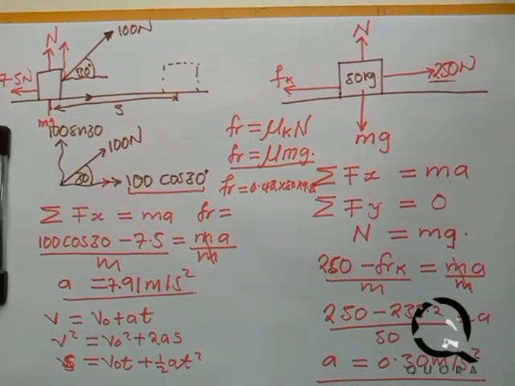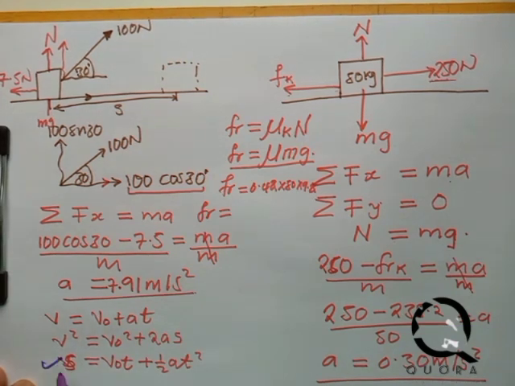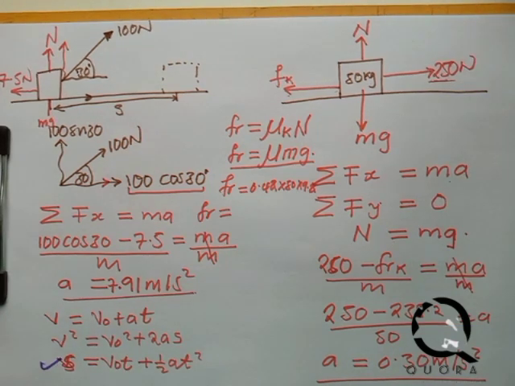We are going to pick one of them and use it. Which one do you think is applicable at this moment? Look at the information given. No initial velocity is given because it started from rest. We have the acceleration, we have the time. Definitely, this qualifies to be the formula that we are going to use.